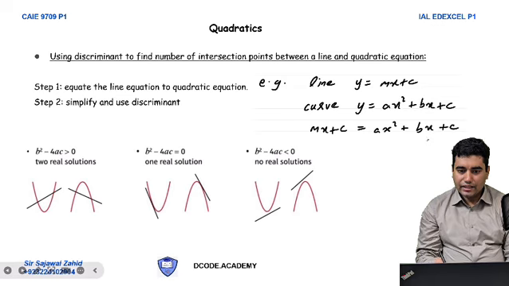Once you simplify that, you can again use the discriminant to find the number of intersection points. As you can see in this diagram, when the discriminant is greater than 0, there are 2 intersection points. When it equals 0, there is 1 intersection point, the line is tangent to the curve. When it is less than 0, there is no intersection point.